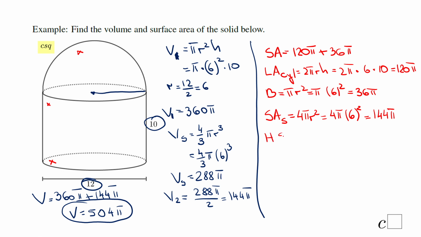Half sphere. That will be 144 pi divided by 2, obviously. That will be 72 pi. This is the last guy here. Okay, so lateral area of the cylinder, the base of the cylinder, and half of the sphere. So the surface area now will be, we just add those three numbers, 120, 36, and 72, and that will be 228 pi.